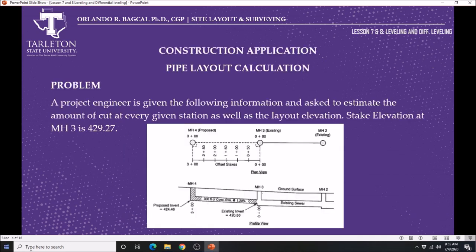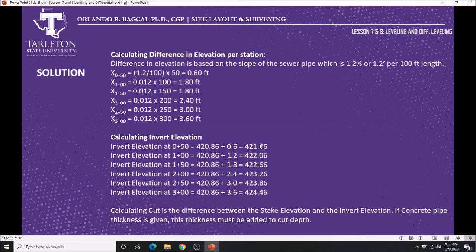If this diagram were going down, then you would have to subtract them. But since we are referencing the manhole tree, we're going up, so the elevation should go up. That's the reason why you will notice that these values are going up.